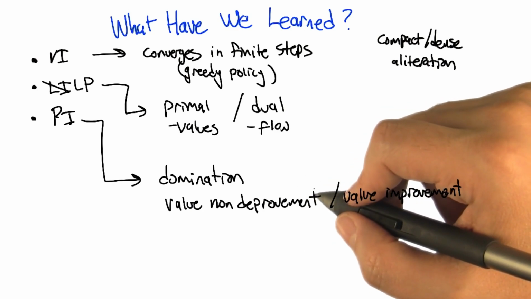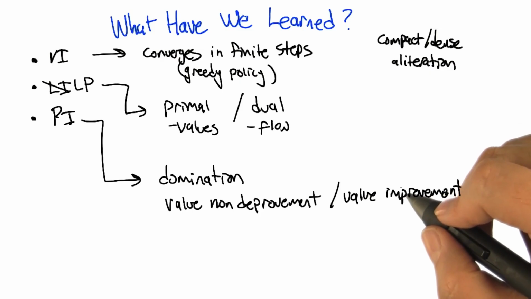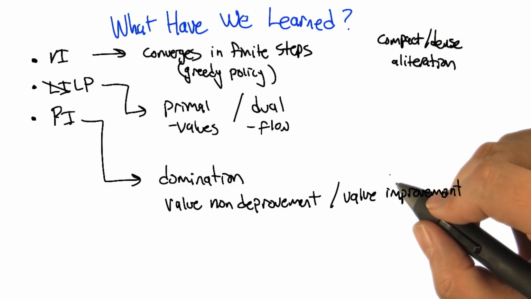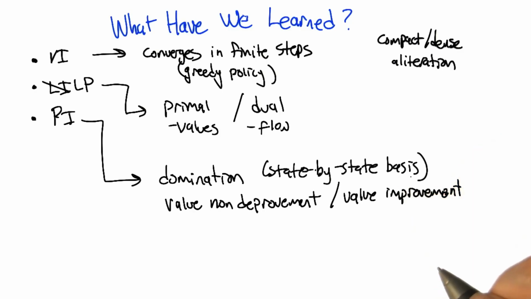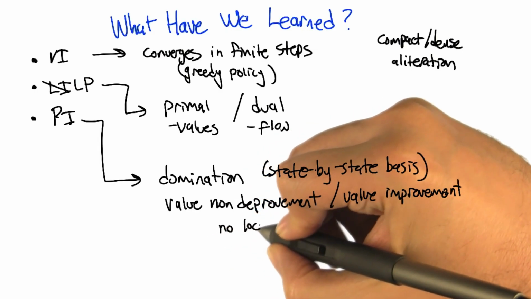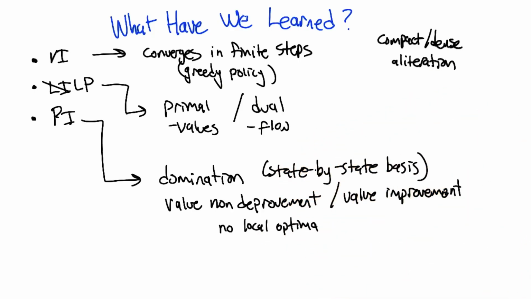But the other thing is, we had a discussion that I think is actually pretty important, that when we talk about things like domination, we were writing them down for good notational reasons, talking about an entire value function, but really this is about things having to also be true on a state-by-state basis. That's right. Because if that weren't true, then in principle, you could cycle, and then you could get stuck in local optima. But here, we don't get stuck in local optima because things also dominate on a state-by-state basis. Cool. Kind of neat.